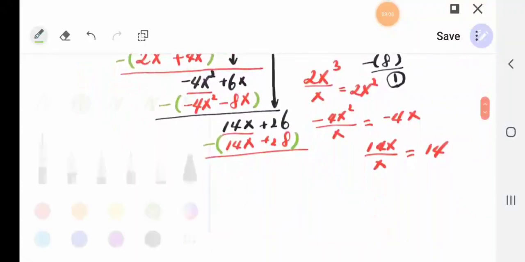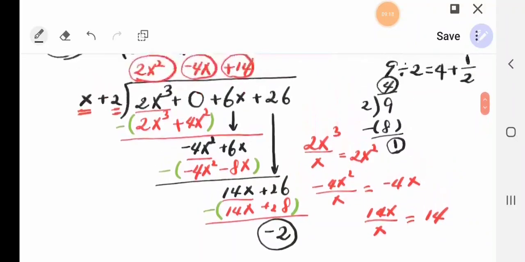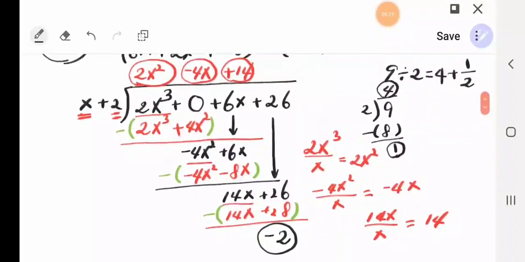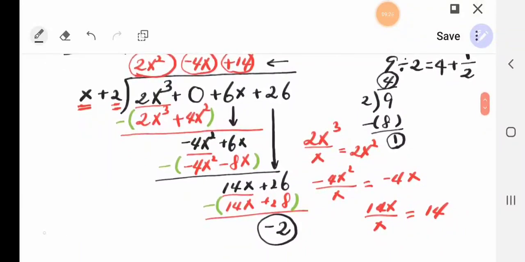The first one is always 0. The second part is 26 minus 28, which is negative 2. So finally, this is the remainder, and these are the quotient. Let me write the answer maybe over here.